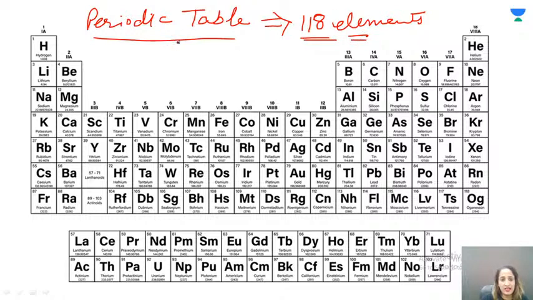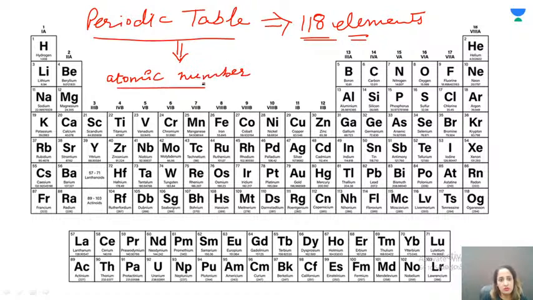I will not get into the details of how we came to this periodic table, or the history and how many scientists started with the triads. We'll just talk about how the elements are arranged. In one word, I would say they are arranged in the increasing order of their atomic number.